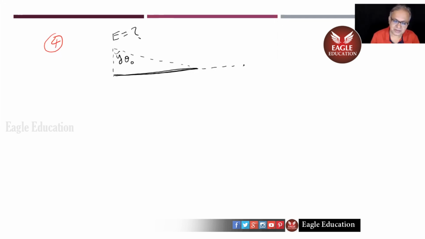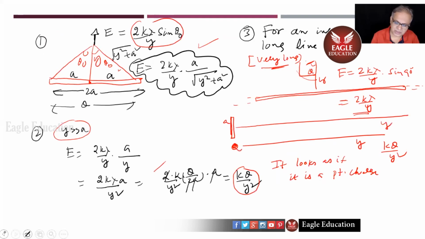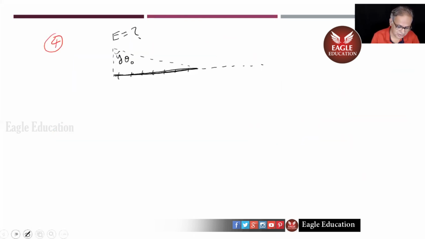This kind of line charge is called semi-infinite. This side is long, but at this end I would like to find E. If you can tell me how much that is, then you've understood it. How will you write E there?